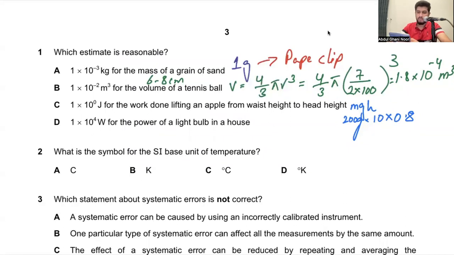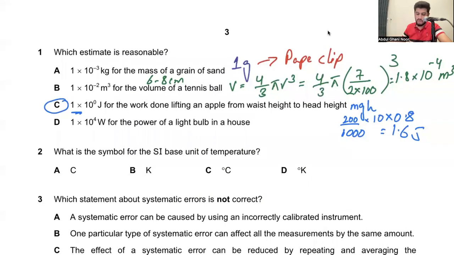So 200, divided by 1000 to convert grams into kilograms, so 0.2 multiplied by 10 into 0.8, and that gives you around 1.6 joules. And it says 1 joule.